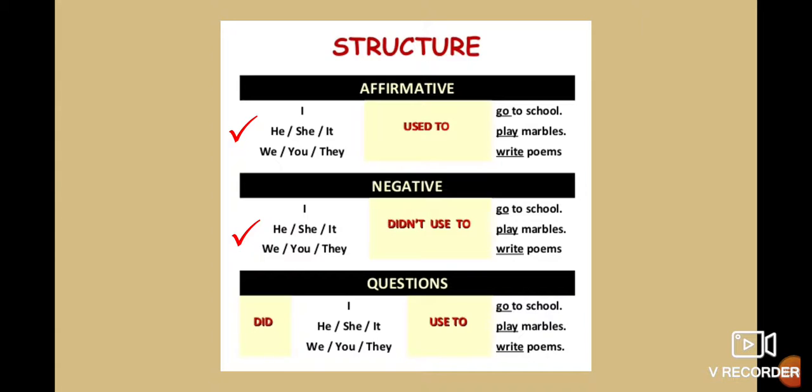That means you don't use it in past. And in questions, you have the auxiliary, and for that reason the expression used to, you write as in present, not in past. Why? Because in negative and in question, you use an auxiliary. It's not necessary that you write the verb used in past as in affirmative sentences.